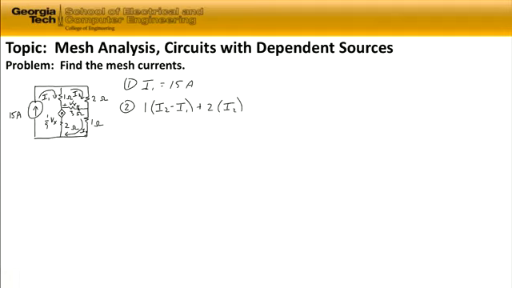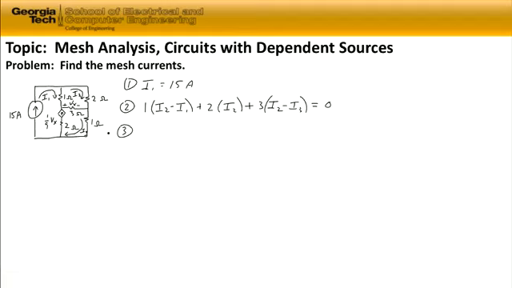And if we continue, the last thing we encounter is the 3 ohm resistor. The voltage drop for the 3 ohm resistor is 3 I sub 2, because it's flowing in the same direction as we're summing the voltages, minus I sub 3, which is flowing the opposite direction. And that's equal to 0. So that's our second equation that we get from Kirchhoff's voltage law for loop 2.